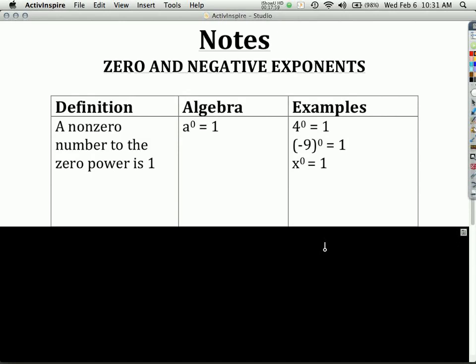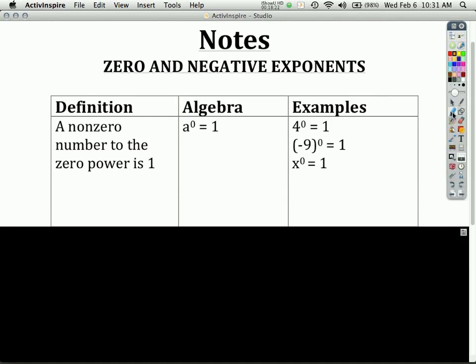The way I always say it, anything to the 0 power is equal to 1. You're going to get an explanation for why this is true in a few minutes. I'm not going to go into an explanation yet. What I want you to take away right at this moment is that anything to the 0 power equals 1.